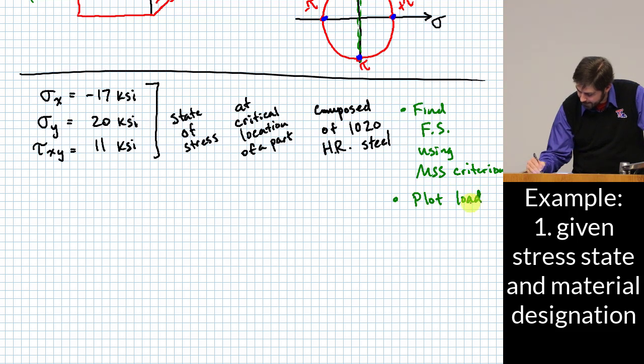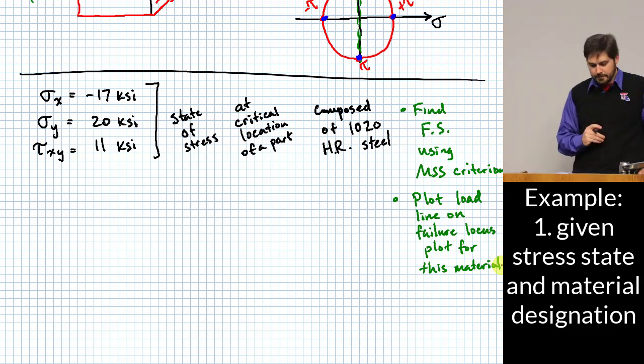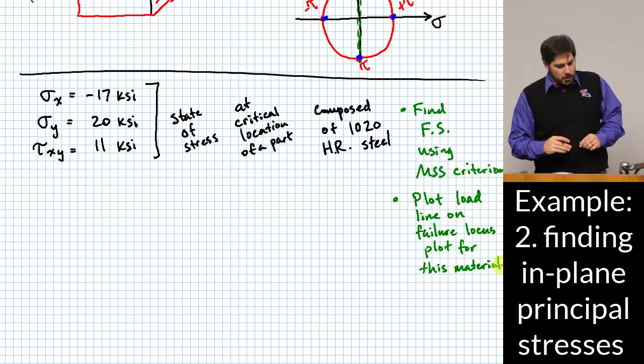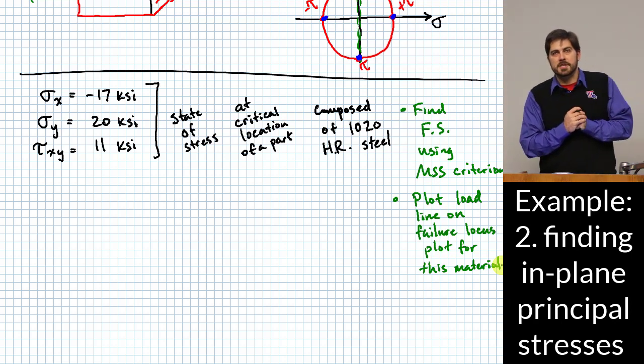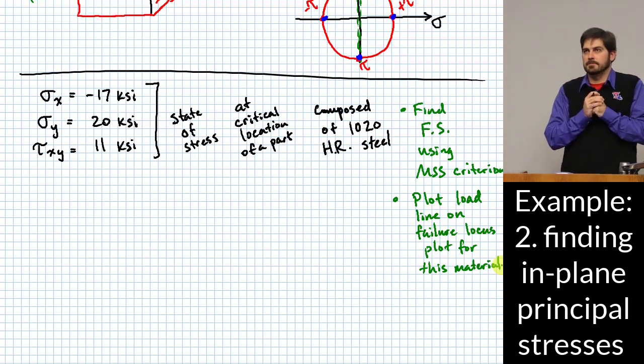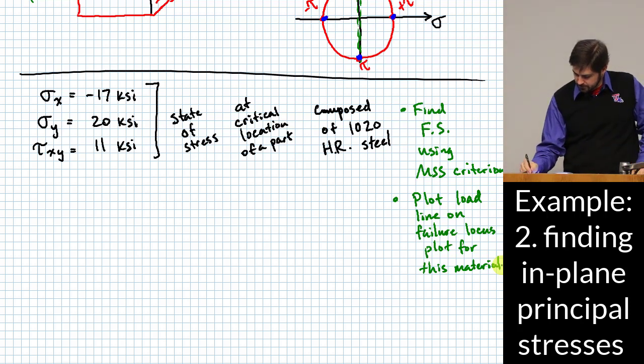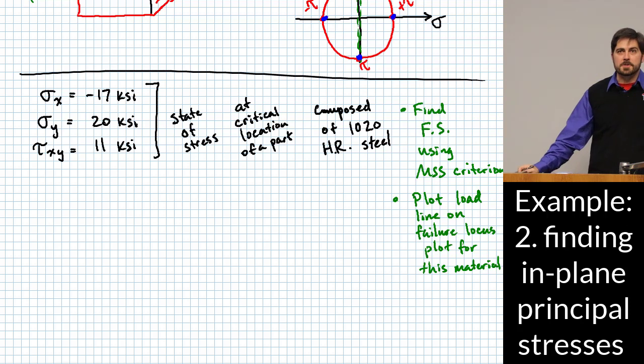We'll plot a load line on the failure locus plot for this material. So what do you think our first step is going to be here? We probably need the principal stresses, right? So how do we get our principal stresses?